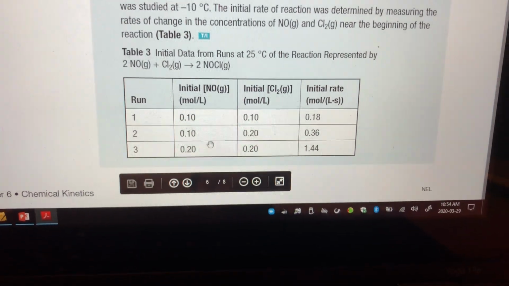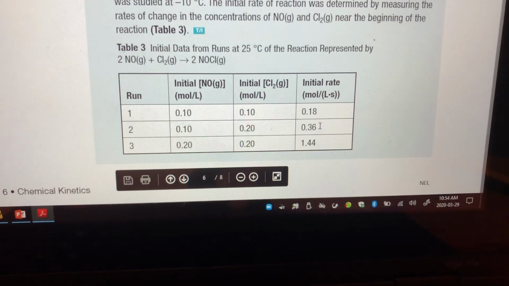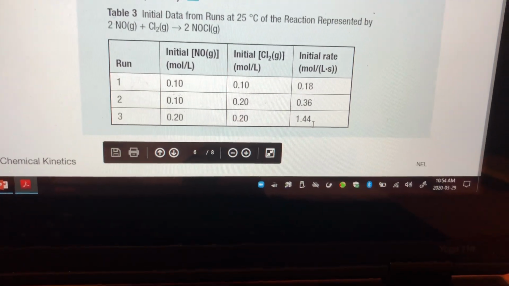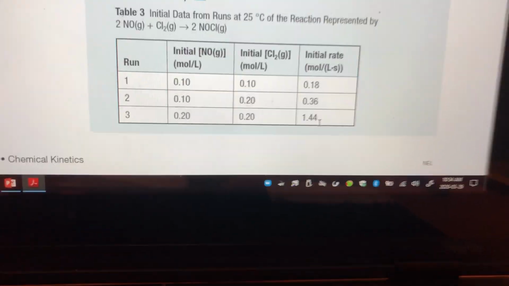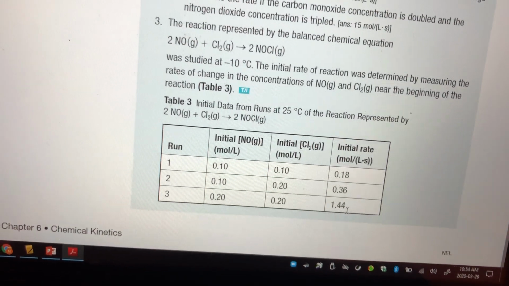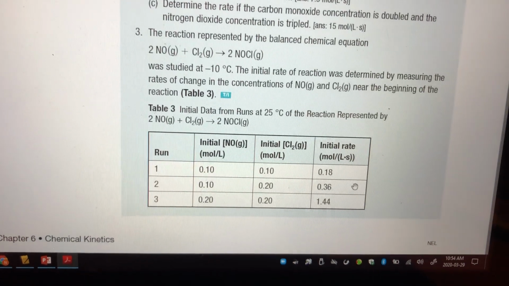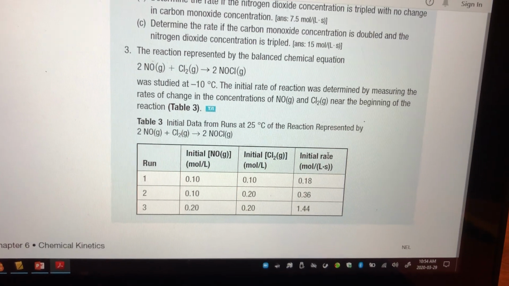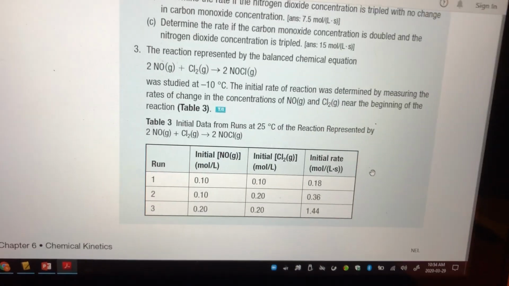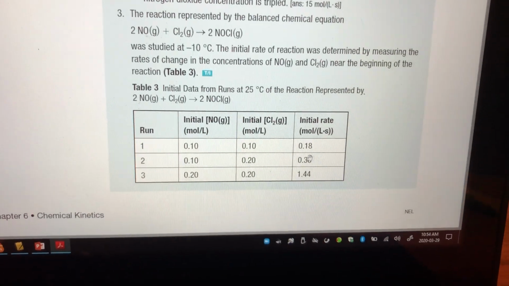So a change of 2 is affecting the rate of the reaction by 4. Therefore, the exponent is 2, because 2 to the power of 2 is 4. Okay, so therefore NO is raised to the power of 2, and Cl2 is raised to the power of 1. Okay, hopefully you guys understand that part.